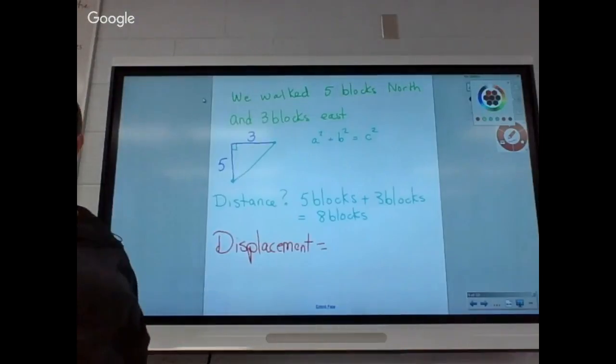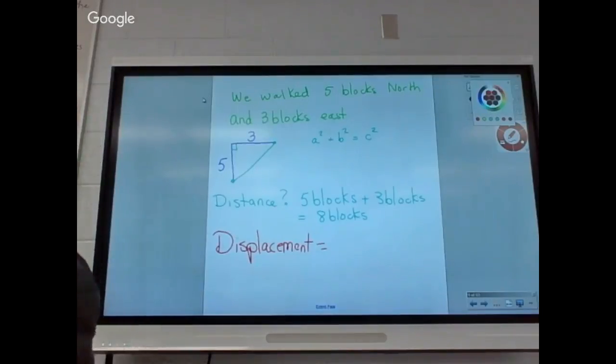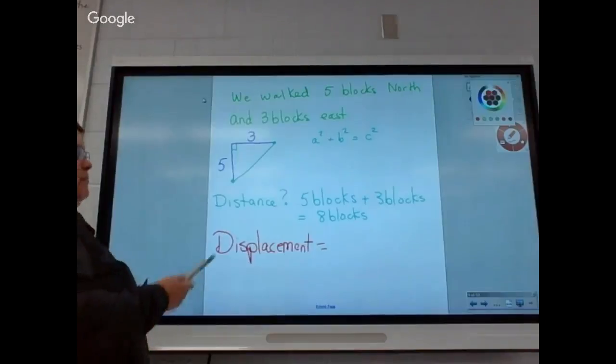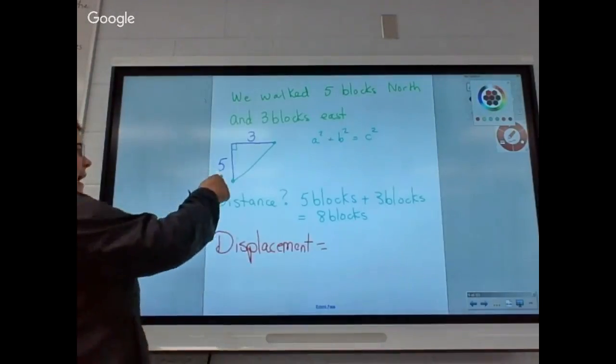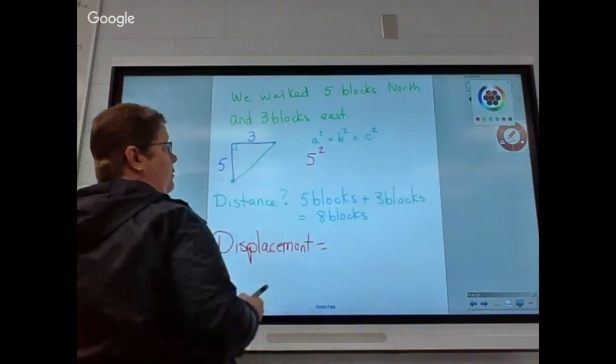So, how do we do the Pythagorean theorem? Does it matter which one we make A and which one we make B? Absolutely not. Okay, so A, I'm just going to arbitrarily choose 5 is going to be A. So 5 squared.